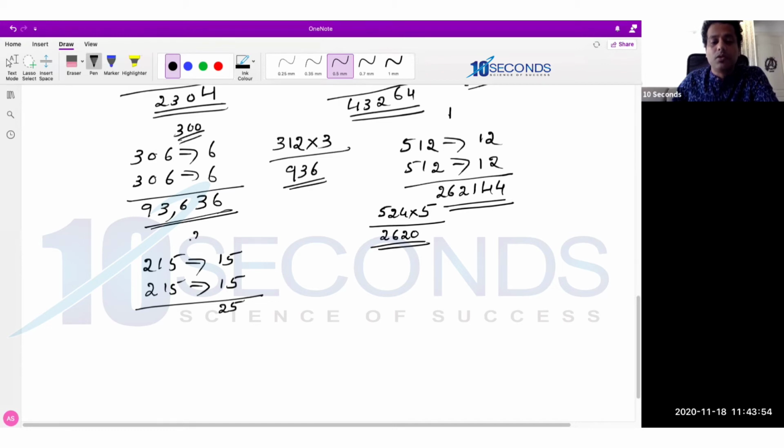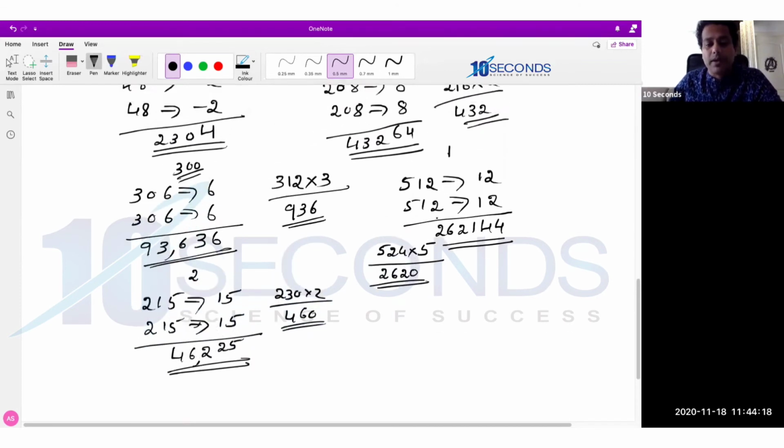Remember, 2 you need to carry. 215 plus 15 is 230. 230 into 2 is 460. But the number is 462 because there is 2 carry. So it becomes 46,225. This is how you need to do it.